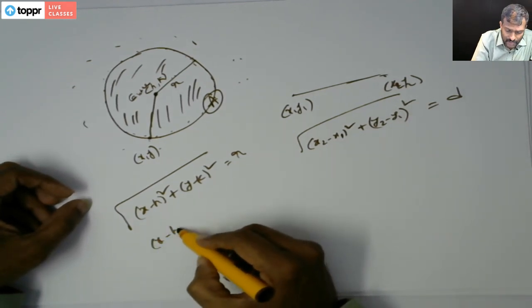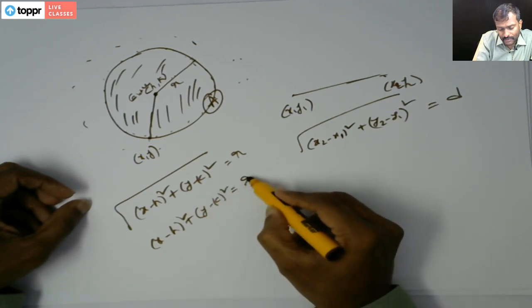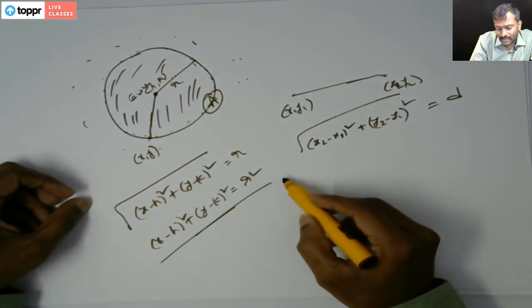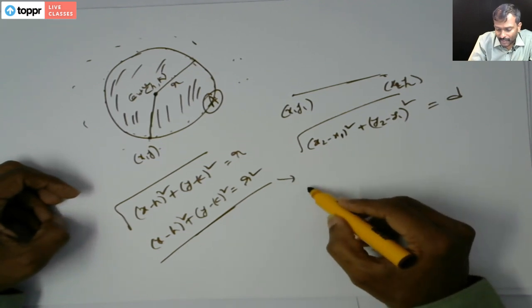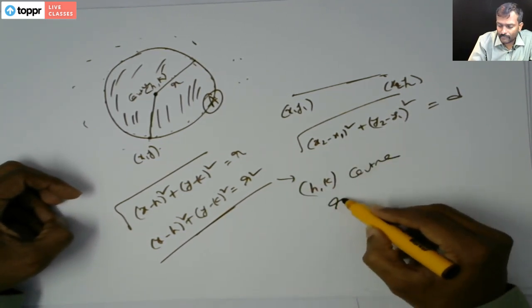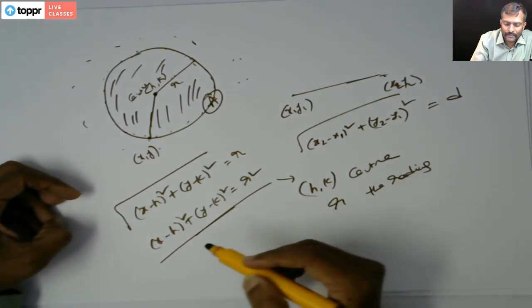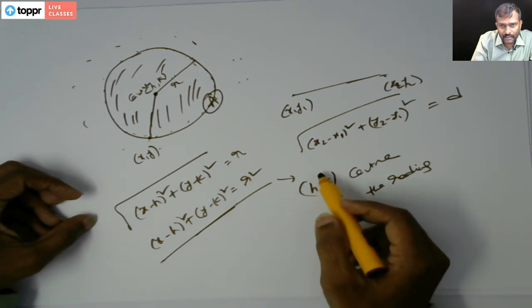Simply, we can say x minus h whole square plus y minus k whole square is equal to r square. This is the standard form of the circle, where h comma k is the center and r is the radius.